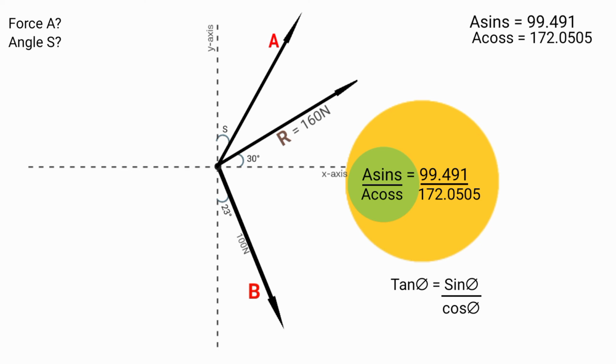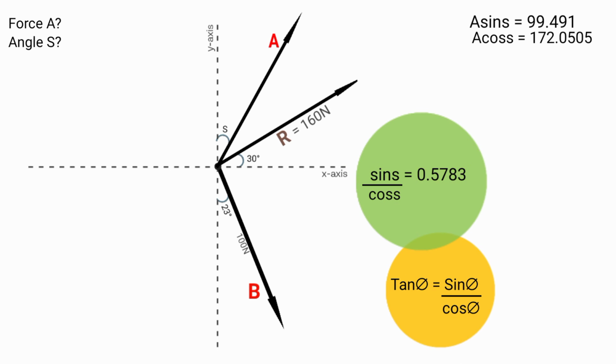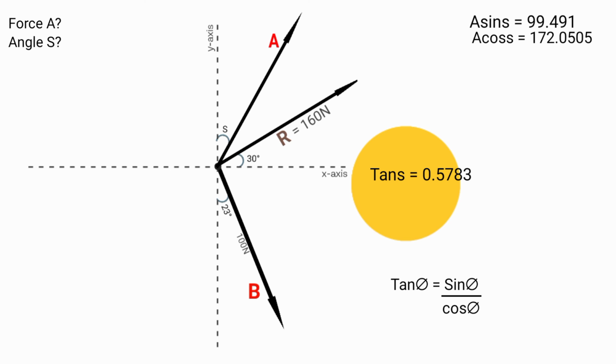Here A cancels A, and 99.491 over 172.0505 equals 0.5783. So sin S over cos S equals 0.5783. From this identity, we can substitute that sin S over cos S equals tan S. So now tan S equals 0.5783.